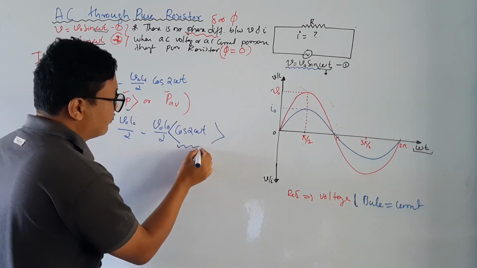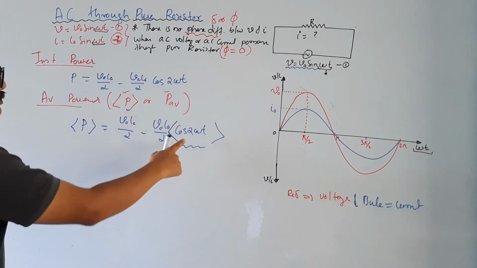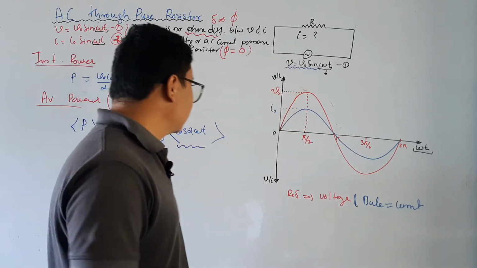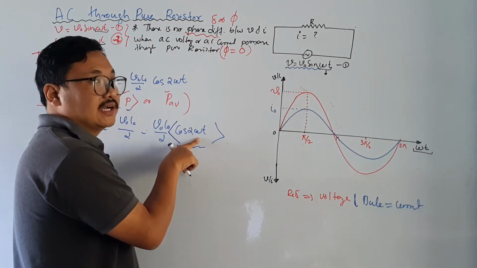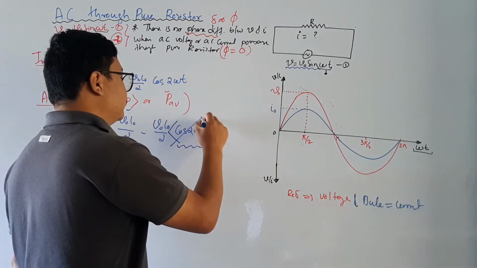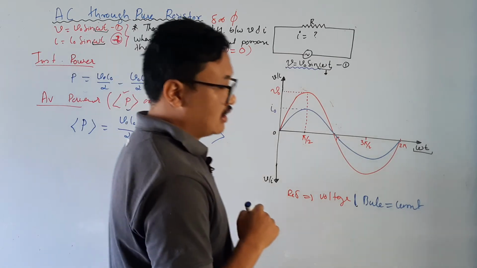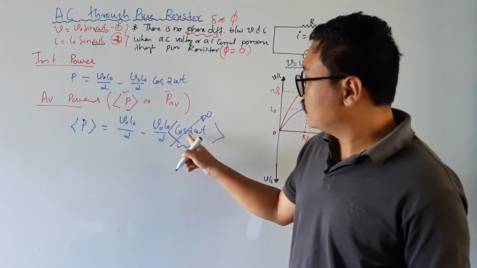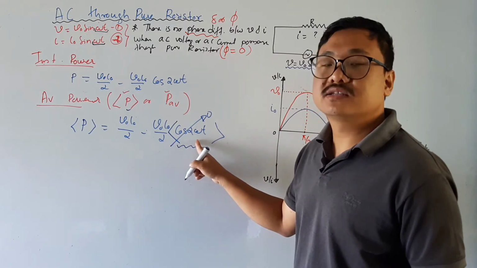How to take the average value of cos 2 omega t? The average value of cos 2 omega t or sin 2 omega t will become 0. Very simple. Now, is there any way to show that the average value of cos 2 omega t is equal to 0?